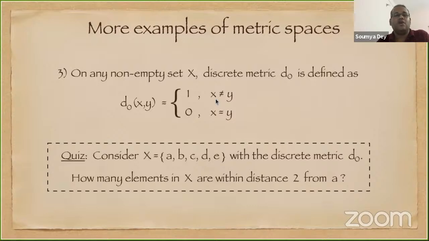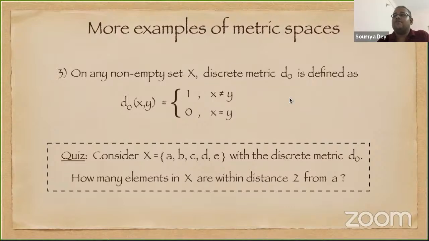For any 2 non-equal elements, you say the distance is 1 in between them. And if x equals y, then the distance is 0. You can check that this is giving you a metric on any non-empty set X.